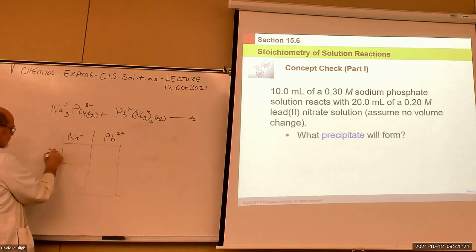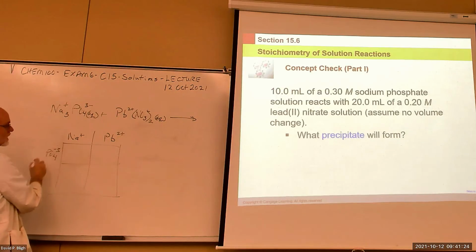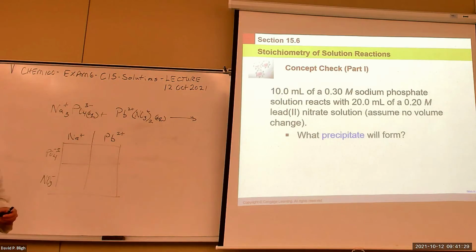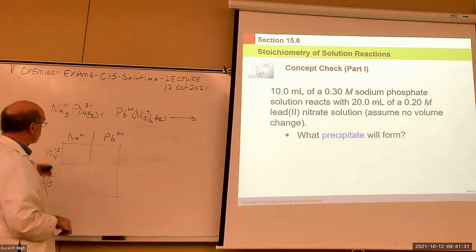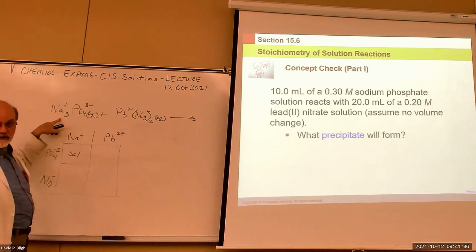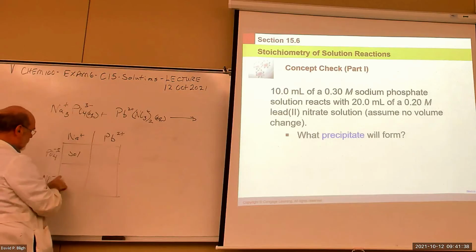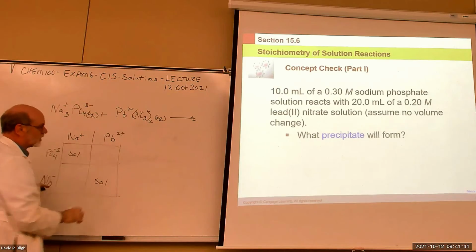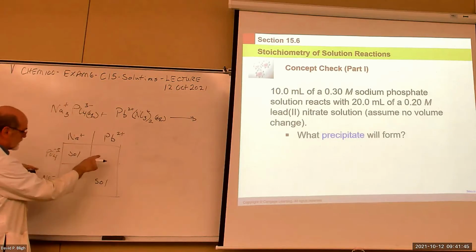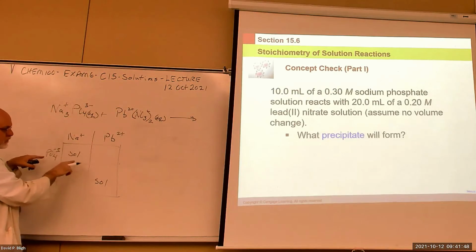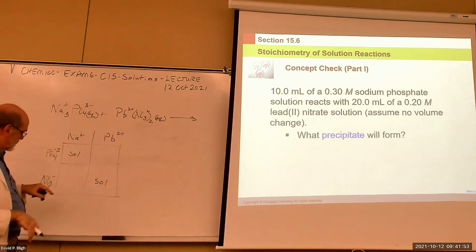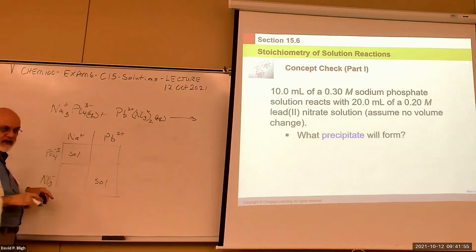And we have phosphate here and nitrate here. Those are the possible combinations, right? Sodium phosphate, we know that one is soluble because it's already in solution. Lead 2 nitrate, we know that one is soluble because that's the way it was when we put it in solution. The question is, lead and phosphate, when they combine, do they form that solid that drops out of solution? Or sodium and nitrate, do they do that?